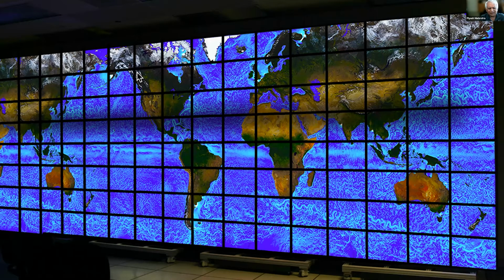The data that is produced is then used by other scientists to figure out things like ice melting, climate change, debris tracking.